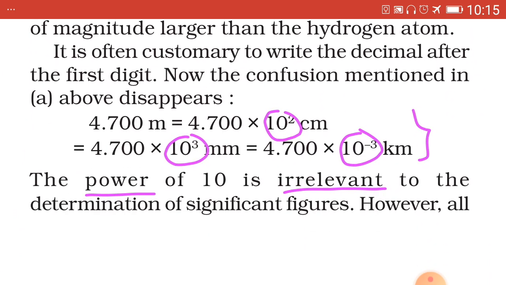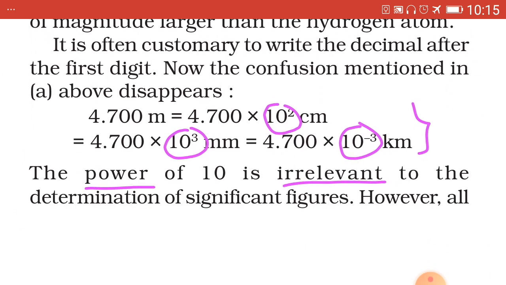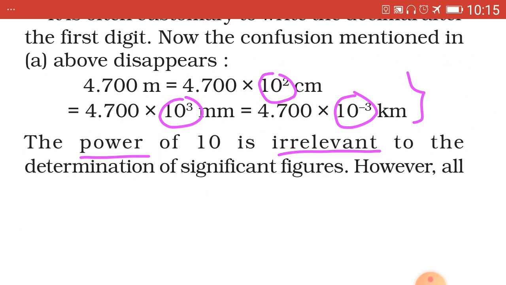Say we refer to this example, 4.700 meter equals 4.700 multiplied by 10 raised to 2 centimeter. We have converted the unit from meter to centimeter by multiplying by 10 raised to 2, because 1 meter equals 100 centimeter. So this is equal to 4.700 multiplied by 10 raised to 3 millimeter, 1 power more from centimeter to millimeter.